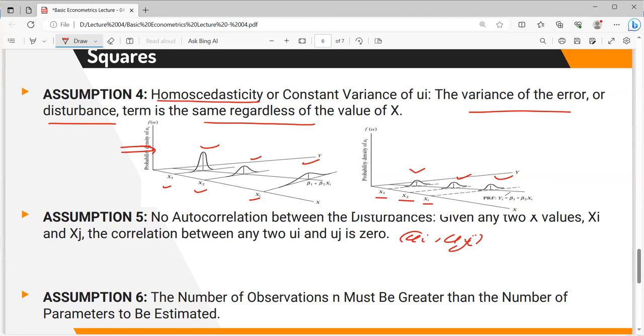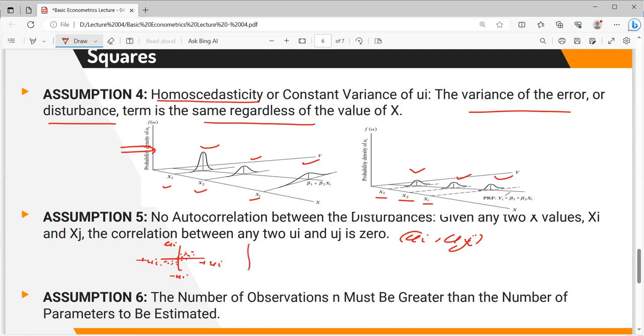In the diagram, with mu i positive and negative on the axes, if the relationship between the error terms is like this, it is positively associated.